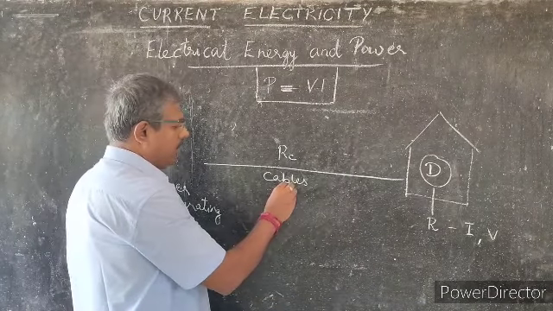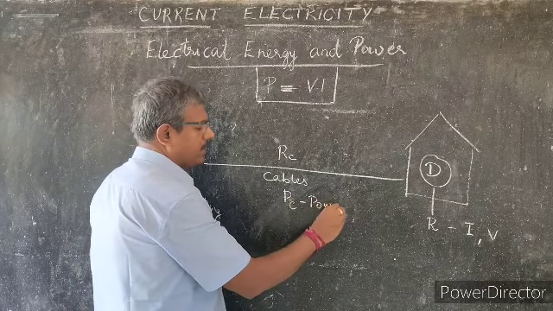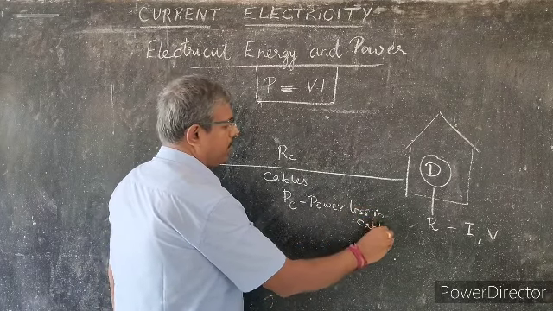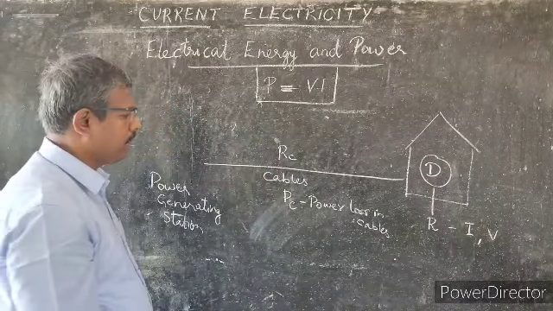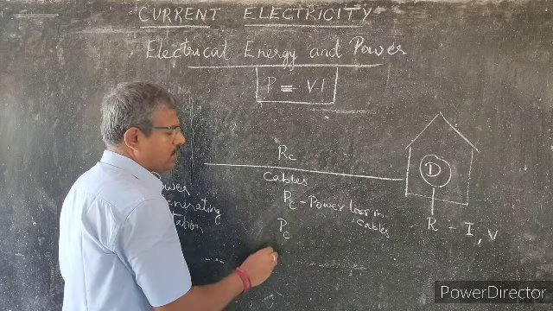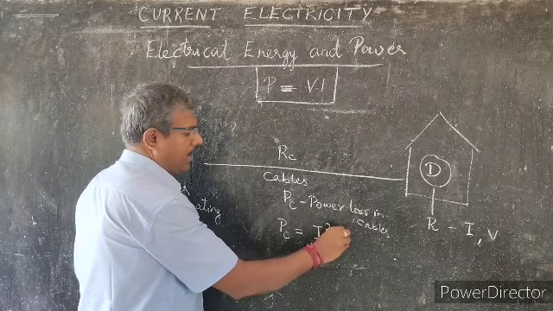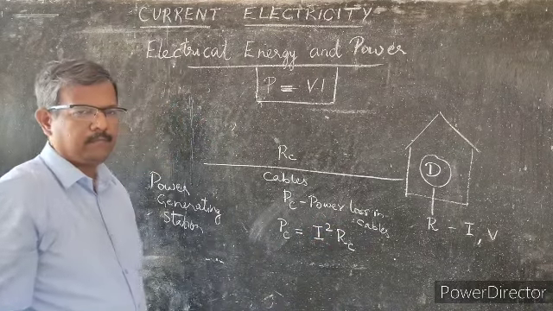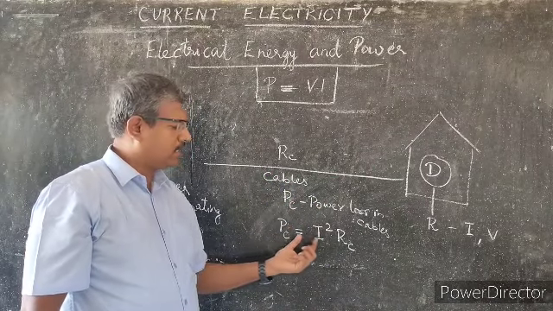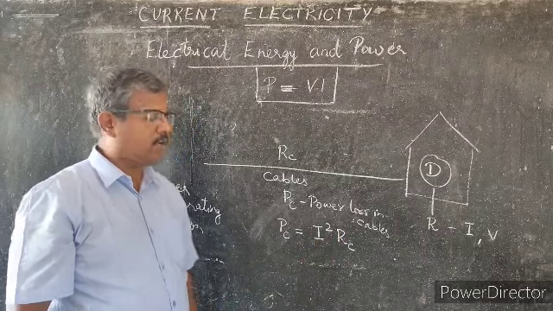So the power loss in these cables, let's assume it to be PC. Now based on this equation I can write that my power loss due to these cables is I square RC, because there is current I flowing through these cables and the power loss is the square of I multiplied with the resistance offered by the cables.